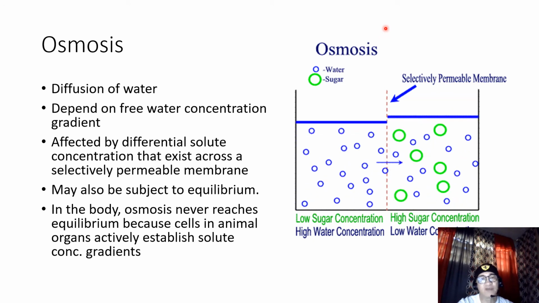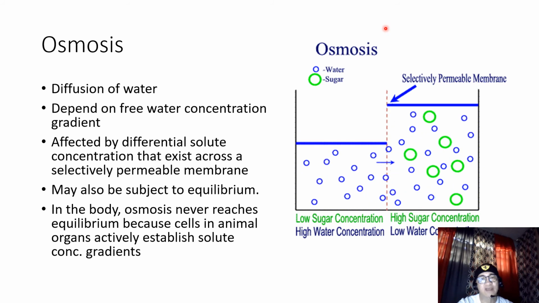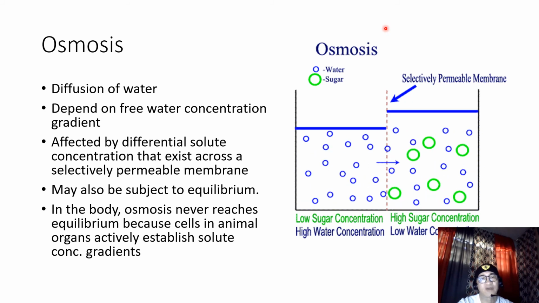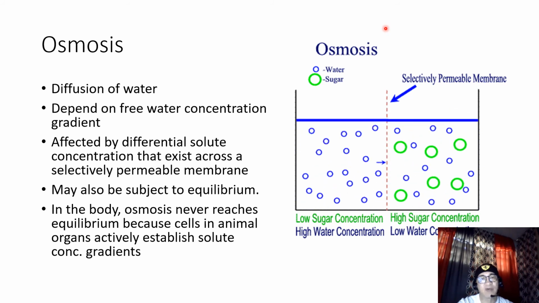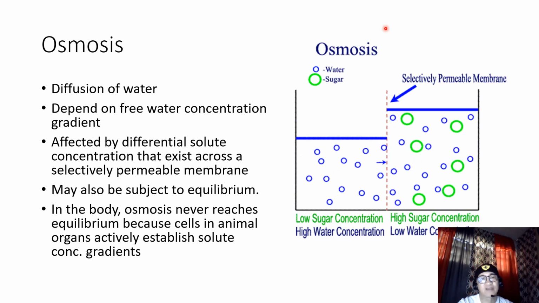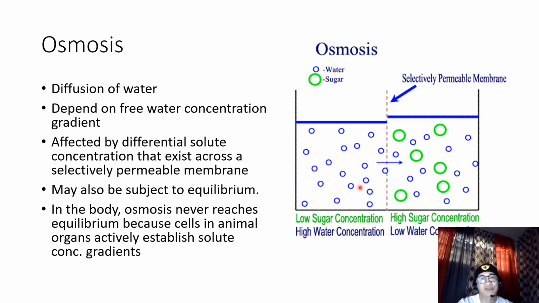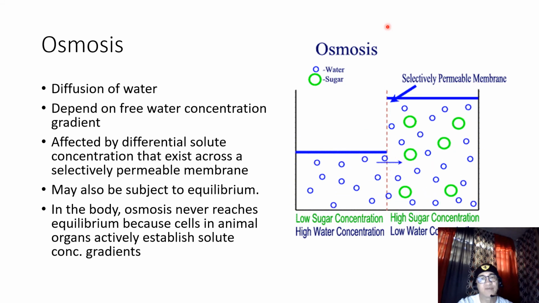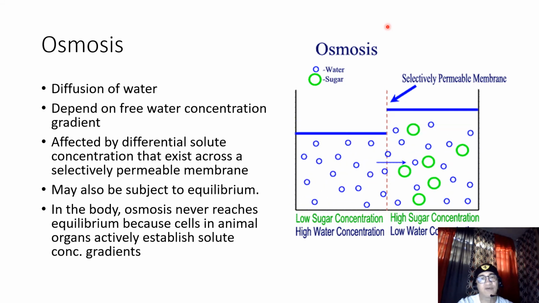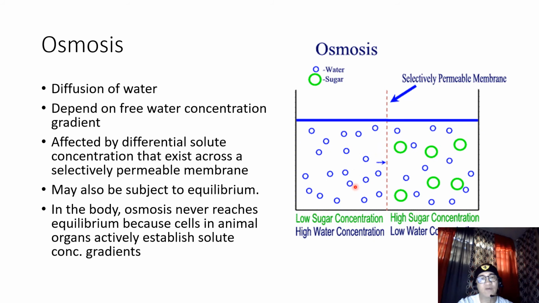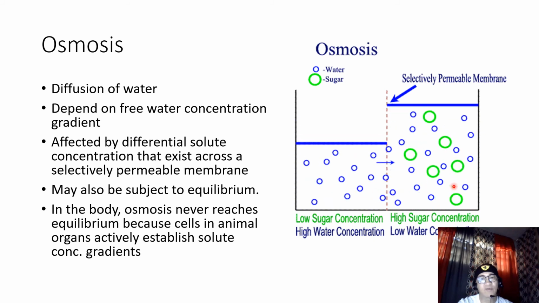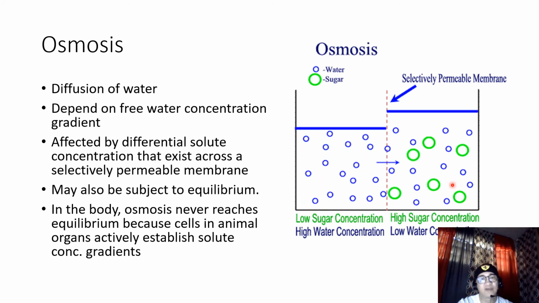That compartment with solutes will tend to have less free water because some of its water molecules are bound to the solutes, whereas the other compartment with no solutes have more free water molecules. And water will therefore diffuse from an area of high free water concentration to a compartment with less free water molecules.